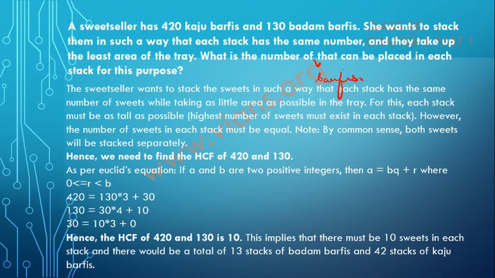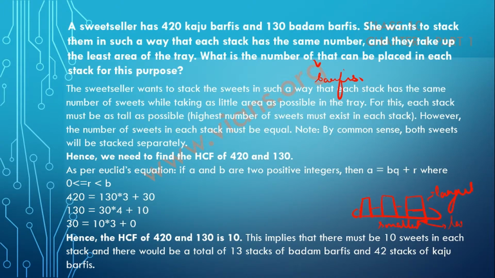That would be the number of barfis that would go in each stack. Say there is a stack like this. What would be the highest number of barfis that go in each stack, so that this particular area, because the stacks have become so big, becomes the smallest? If, on the other hand, we tried finding the smallest stack, then we would get the largest area.